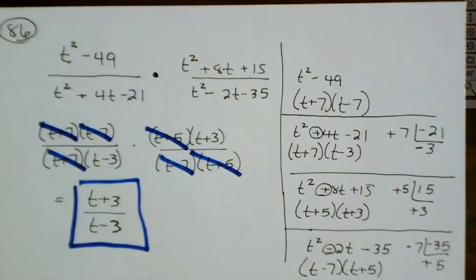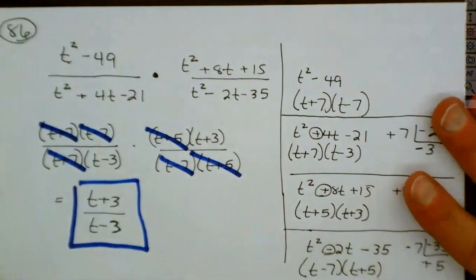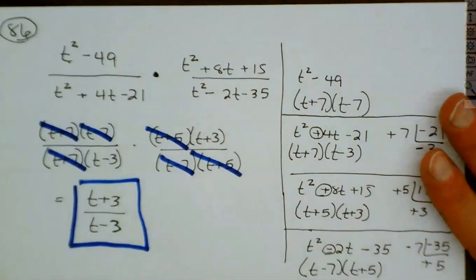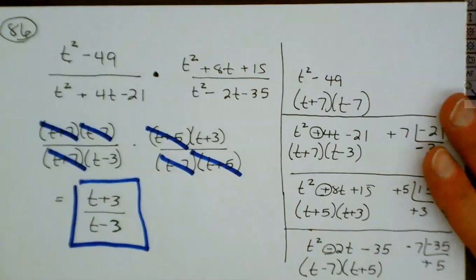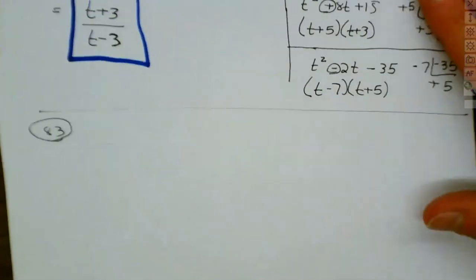Now we need to talk about division and how division works. Well, division, we've got to turn it into multiplication. So let's look at a fairly simple one. How about question 83? Same directions.